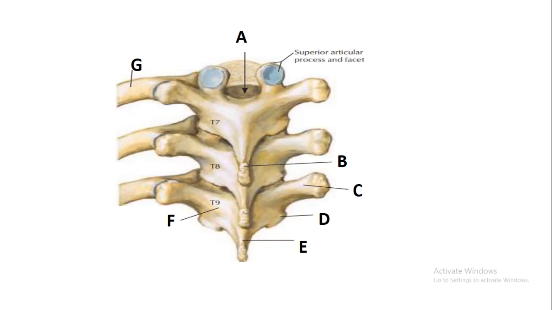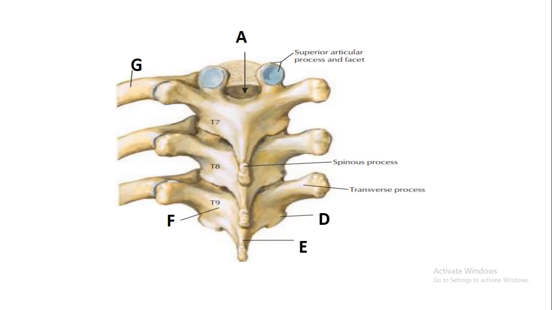The first one is just the superior articular process and the facet. Then the next one is the spinous process. Then C is just the transverse process. And D is the inferior articular process. Then the next one is just the spinous process of T9.